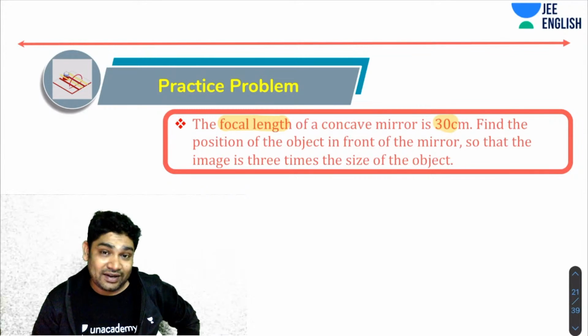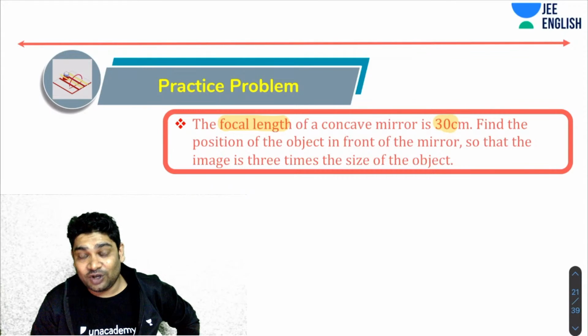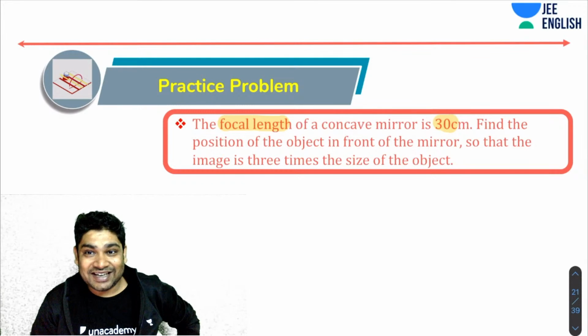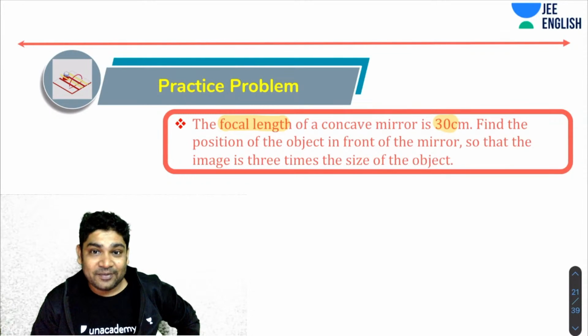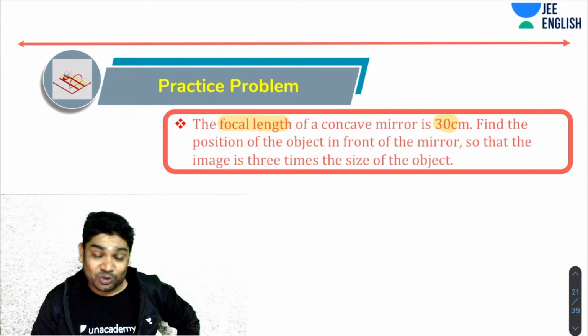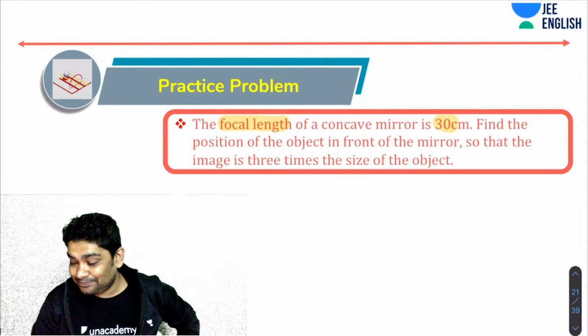One where a virtual image is formed, which is three times the size of the object, and one where a real image is formed, which is three times the size of the object. Because it doesn't say what kind of image is to be formed. It just says the image size should be three times the size of the object. Okay, so let's try and solve this.